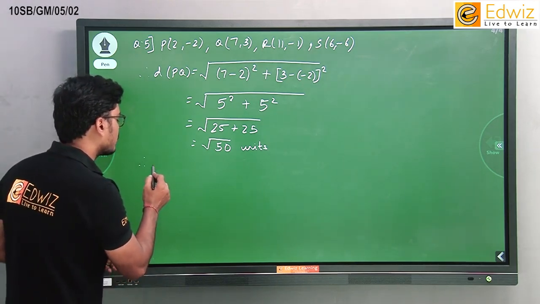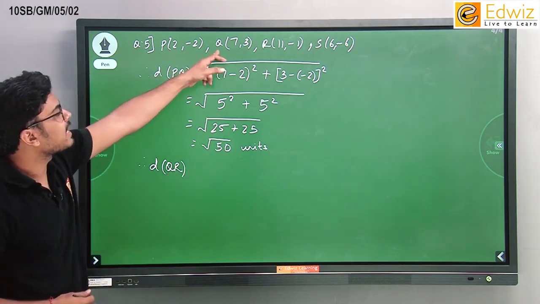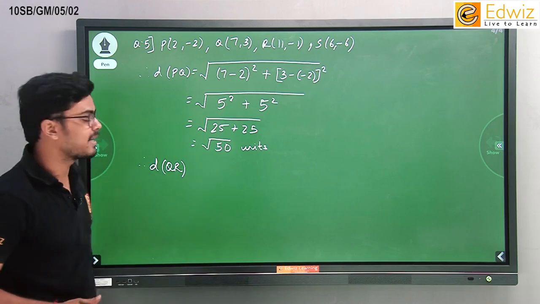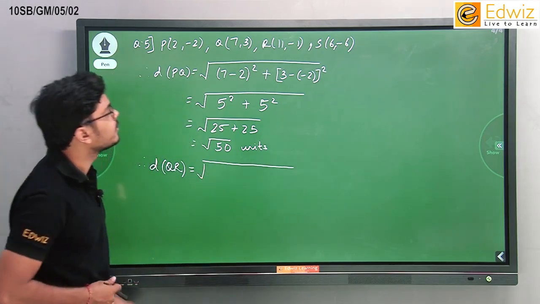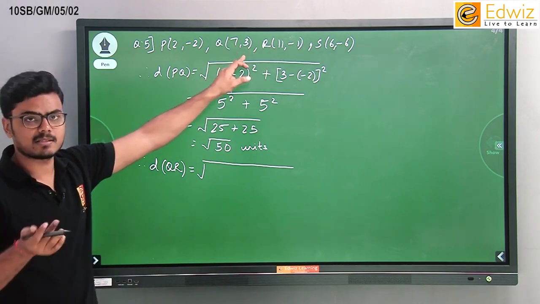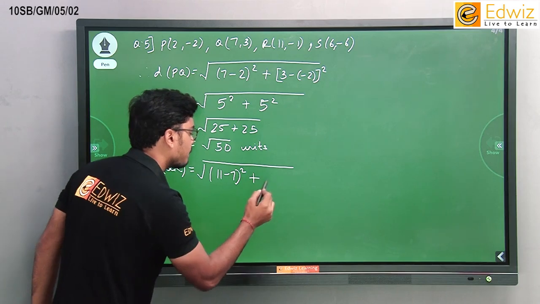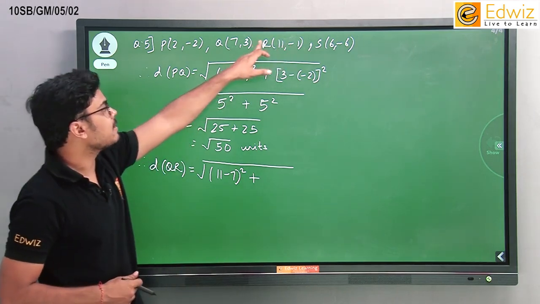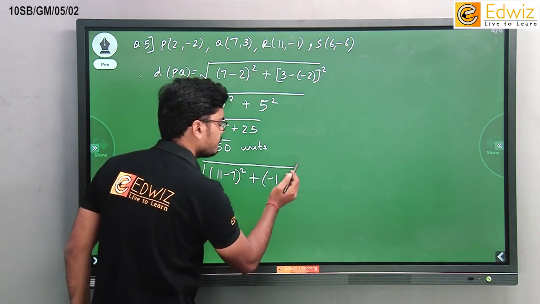So let us go to the other side, distance QR. We found PQ, next we will find distance QR. Distance QR will be equal to the square root of (11 minus 7) the whole square, x2 minus x1, plus (minus 1 minus 3) the whole square, y2 minus y1.